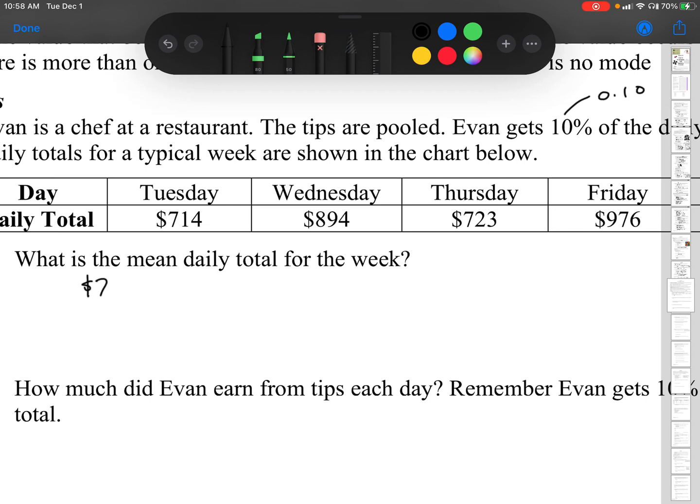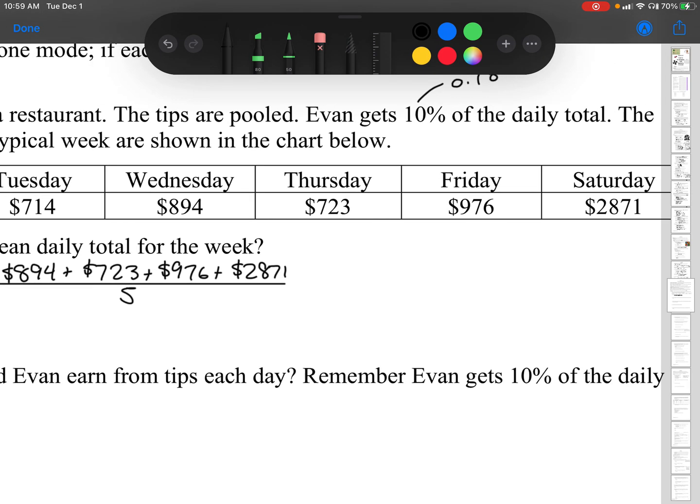So 714 plus 894 plus 723 plus 976 plus 2,871. Wow, Saturday was a good day. Like so. We divide that all by 5, like so.